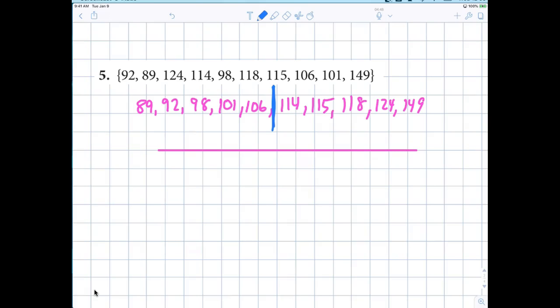So what is the median? Somebody tell me what the median is. No. What's the median? Come on. Wow. Are you with me today?